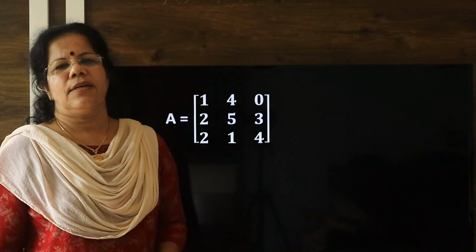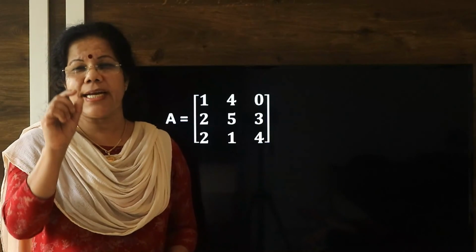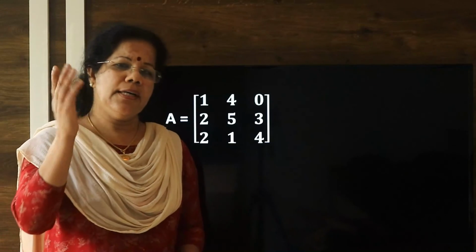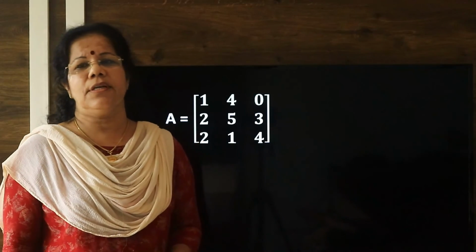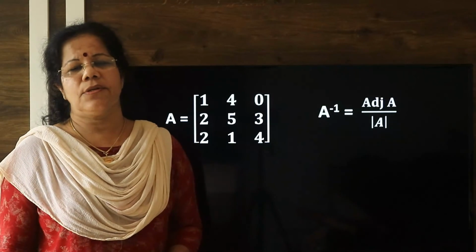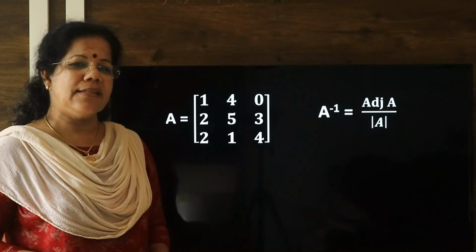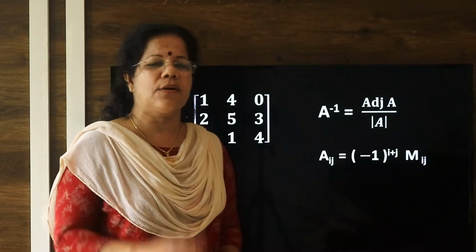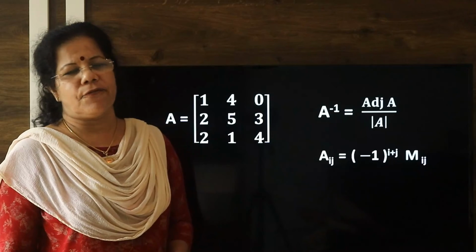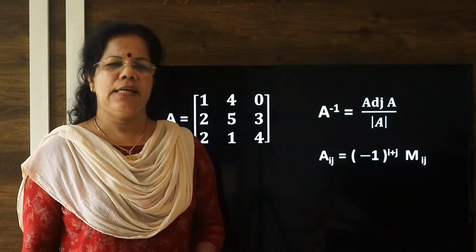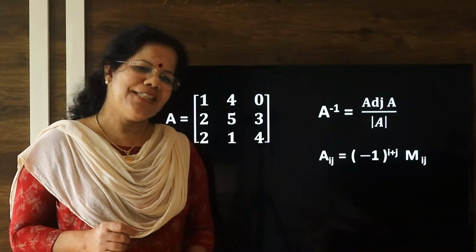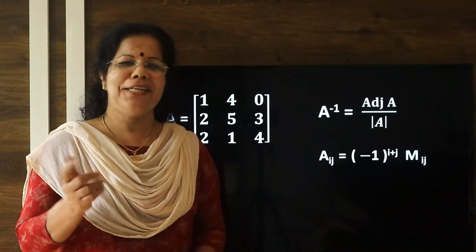Next, we have to find the cofactor of each element. Already we thoroughly discussed how to find the cofactor. And what is this Aij cofactor? Once again recall that it is negative 1 whole power i plus j into Mij. What is this Mij once again? It is the minor of Aij.